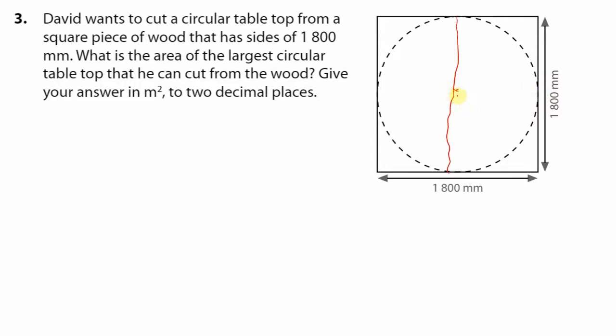So the radius is in fact half of that. So we know R equals 900 millimeter.